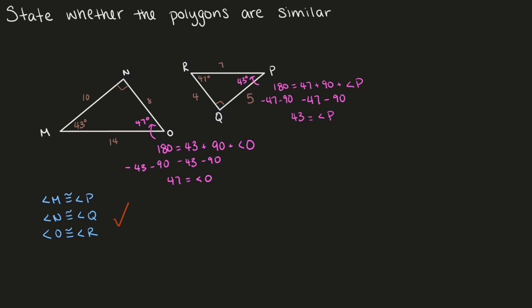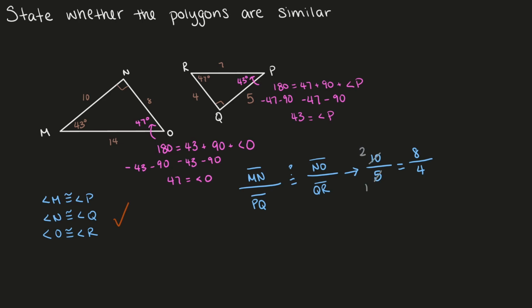So we'll set up our proportion. MN over the corresponding side, PQ, is equal to NO, so same triangle, over QR. So that's going to give us MN is 10, PQ is 5, NO is 8, and QR is 4. On our left fraction, we can factor out a 5, and we're left with 2 over 1.